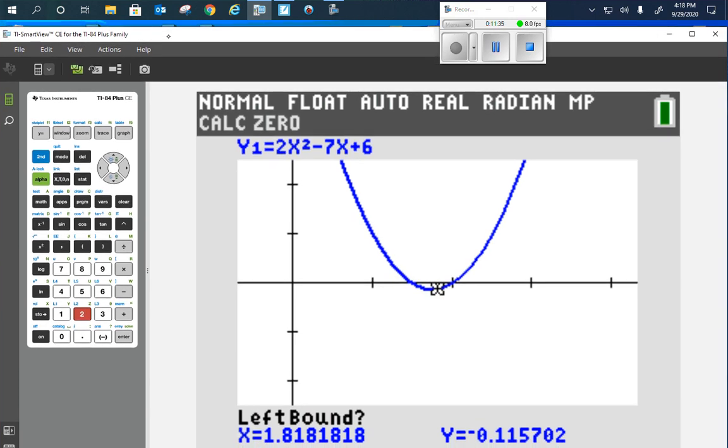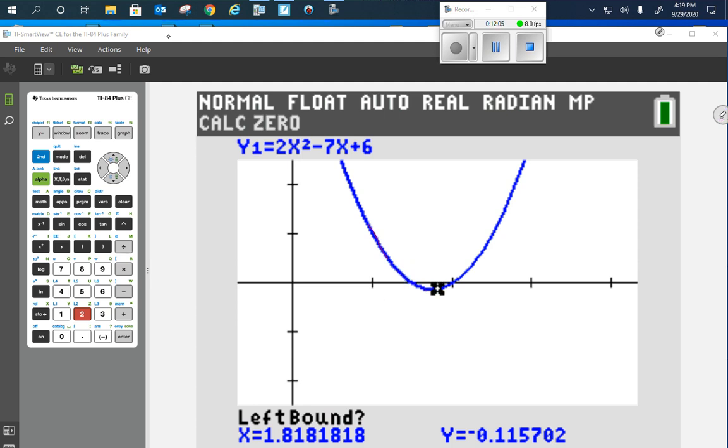There we go. When it says left bound, it's asking, I want to be a little bit left of this place. Well, if I'm following the curve, the only time I'm going to be left of it is to be higher than the x-axis. And right bound, if I'm going to be right of this point, is going to be a little bit lower than the x-axis. So it all depends on the curve.